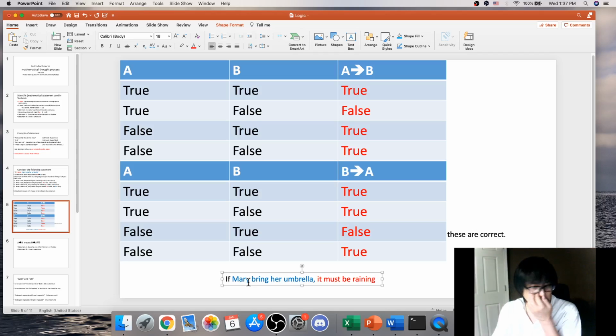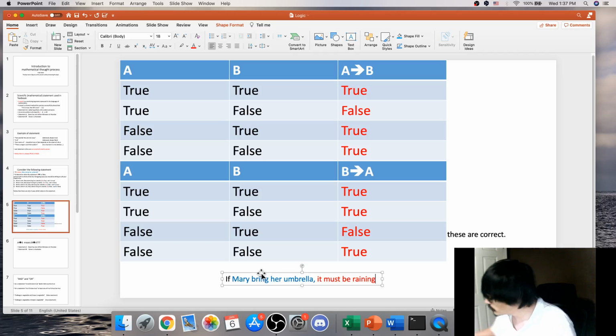That's B implies A. And that statement right here is not equivalent to A implies B. I hope you got that one.